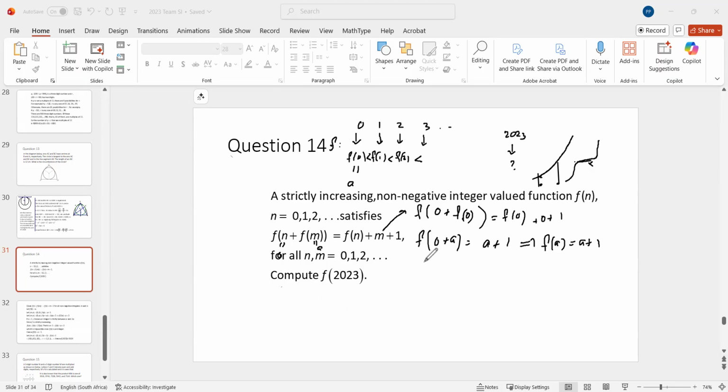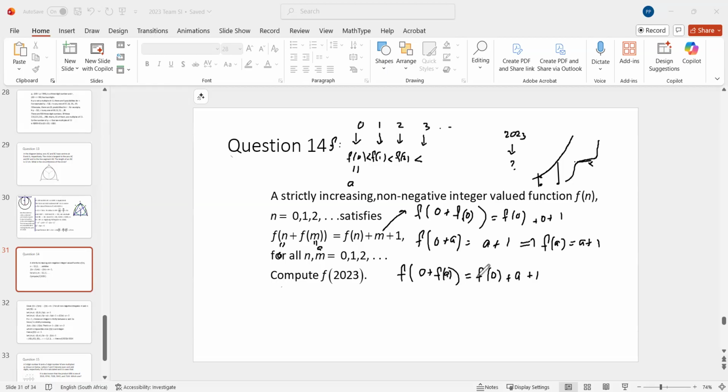Same equation: f(0) plus f(a) is equal to f(0 plus a plus 1).